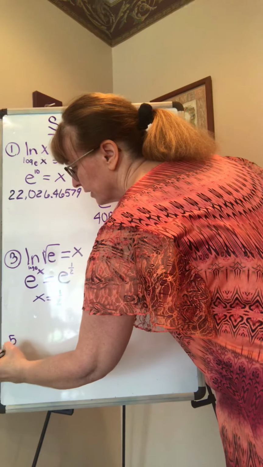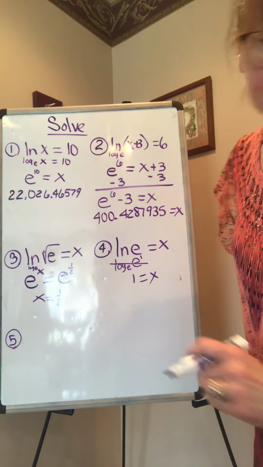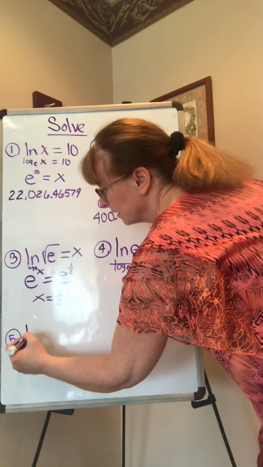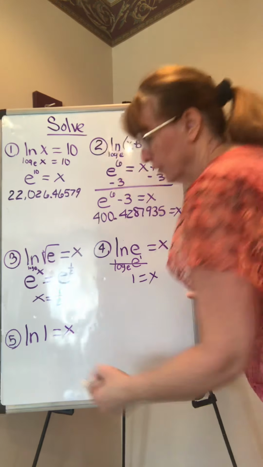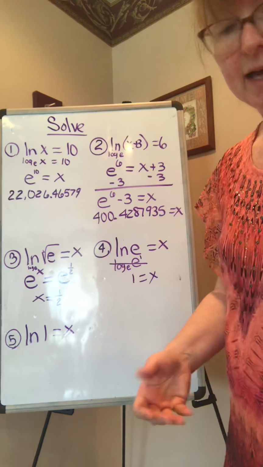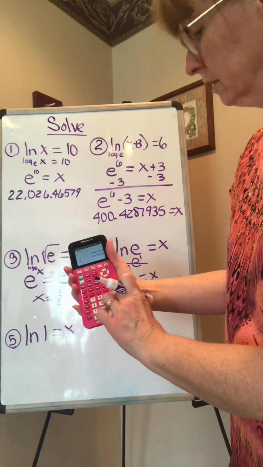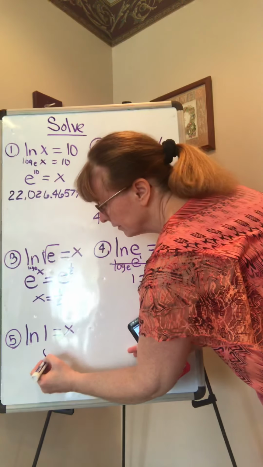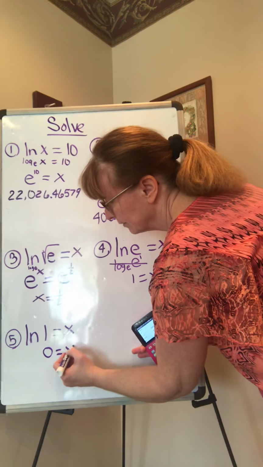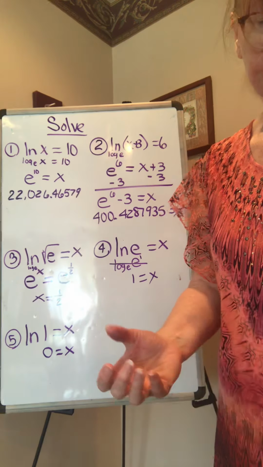Number 5 has natural log of 1 equals x. Well, this is just a number. So you know what I'm going to do? I'm going to take out my calculator and I'm going to type in natural log of 1. Hit enter. And I get 0. 0 equals x. This goes along with the graph that I just erased a moment ago.